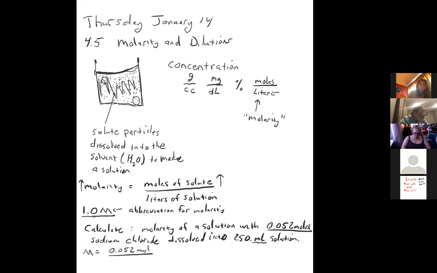So here's how we can deal with that. 250 ml, and it's 1 liter per 1,000 milliliters. It's 1,000 to 1, not 100 to 1, but 1,000 to 1. And so that'll give you 0.250 liters, right? Milliliters cancel.